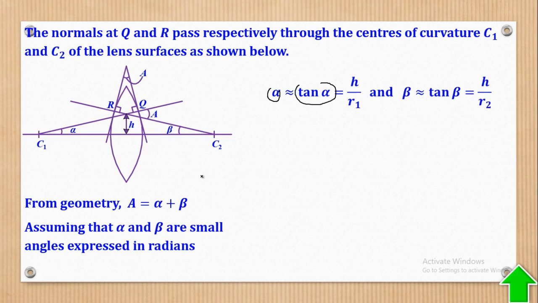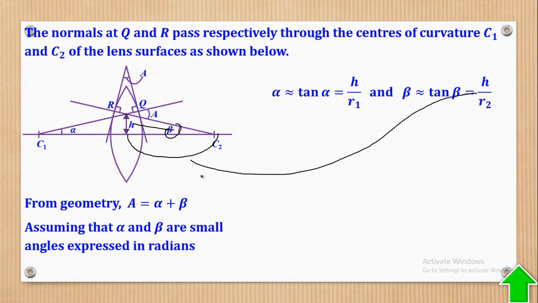I know that tan alpha is opposite over adjacent, so with this angle here, the opposite is h and the adjacent is from here up to here, which is the radius of curvature, R1. Similarly for tan beta, when this is beta, the opposite is h and the adjacent is this, which is the radius of curvature, R2.